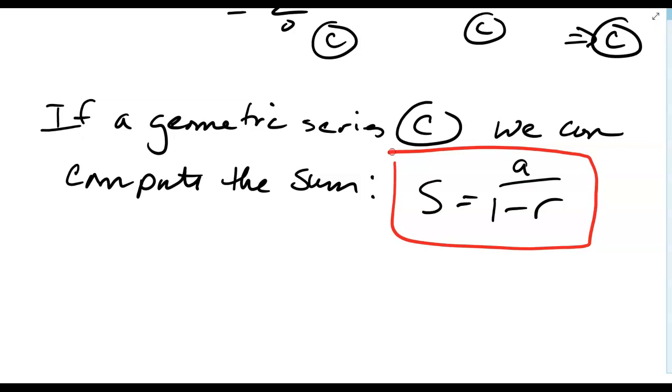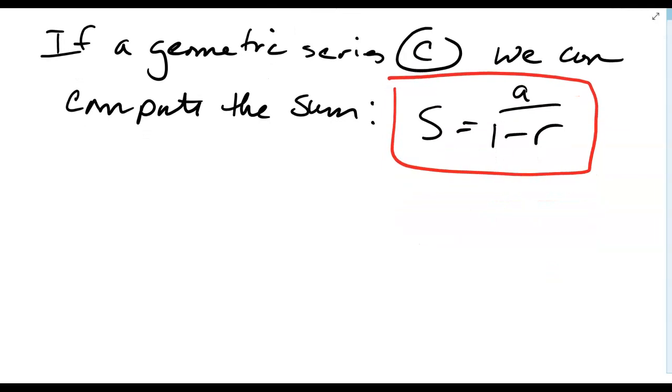So we have a nice formula to compute the sum. And remember, this is only going to be used if it converges, so it's only going to be used when that ratio is between -1 and 1, or the absolute value is less than 1.